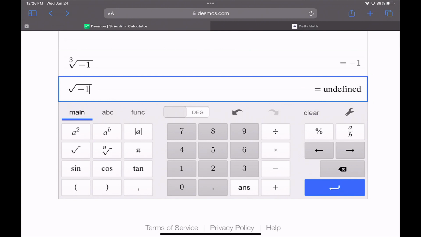They both have the little house. Why does one give me an answer and the other doesn't? Exactly. The bottom one is looking for triples. Is there one number I can multiply by itself 3 times that makes -1? -1 times -1 is what? Not a trick question. +1 times another -1? -1. That's what it's saying. Can I multiply 2 numbers that are the same that makes -1? No, I can't. That's what that's saying.